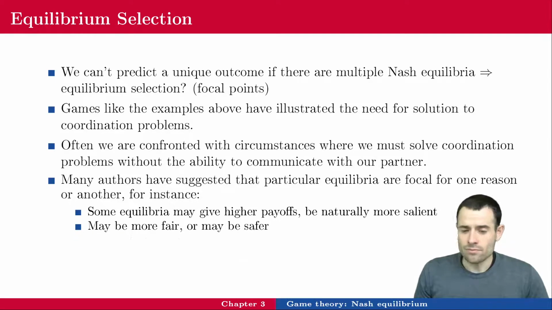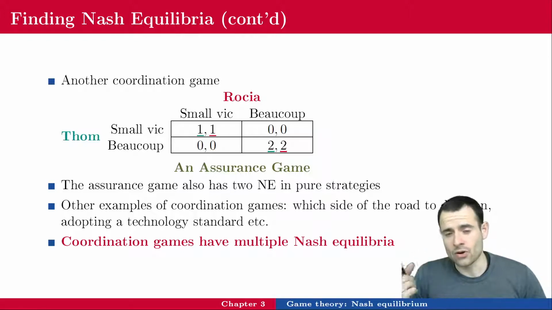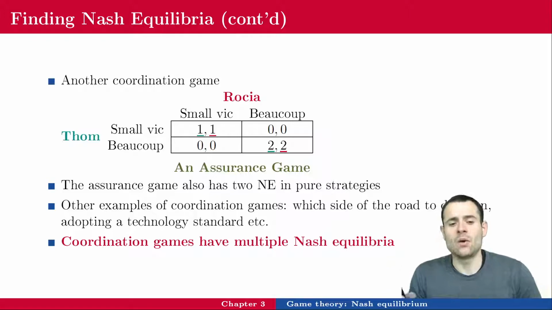Given the previous game, players Tom and Rosia could both believe that they will go to Beaucoup because they can think, oh, I think my partner is rational, and he knows I prefer Beaucoup. I know he prefers Beaucoup, so he would be kind of stupid. It would be stupid if he went to Small Victory.